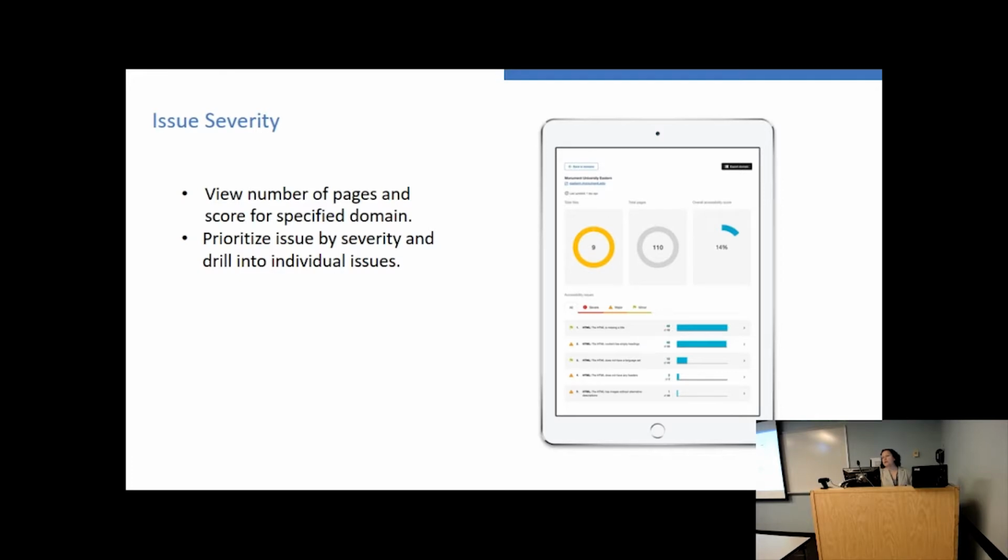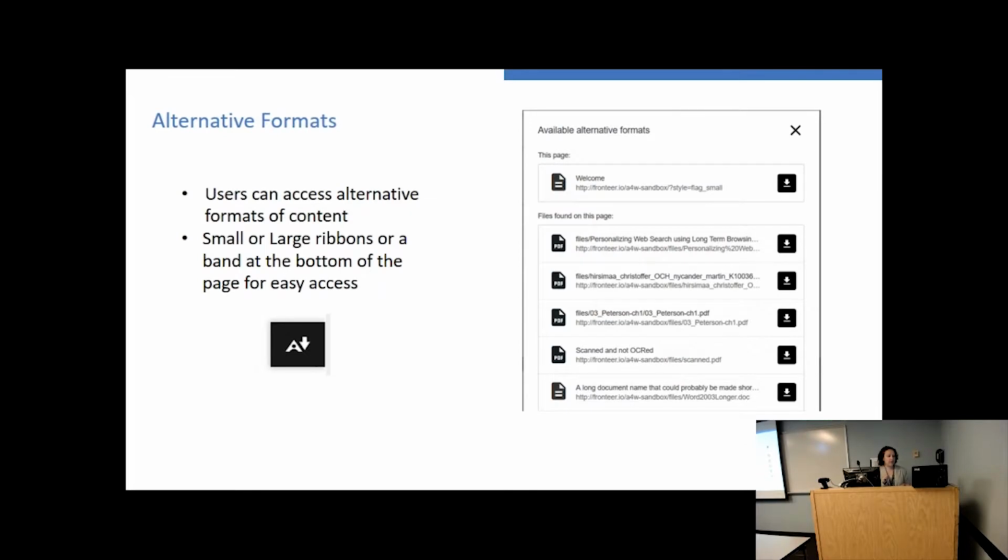You can also search by issue severity, because Ally will divide it up into most severe issues, such as a scanned PDF, which is basically unusable, or something simple like a contrast issue, and you can determine your approach to remediation based on the severity of the issue. And then finally, to your end users from the public-facing website, you get those alternative formats.